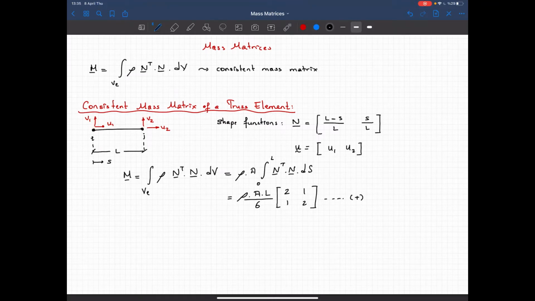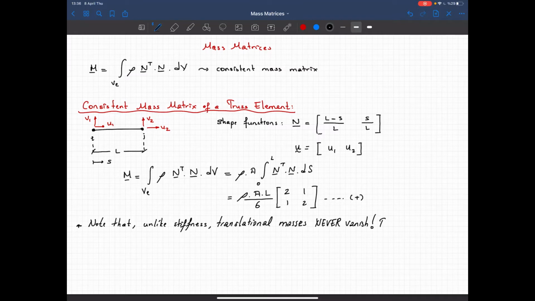So note that unlike stiffness, translational mass never vanishes. So we must define translational mass in the V1 and V2 directions also.